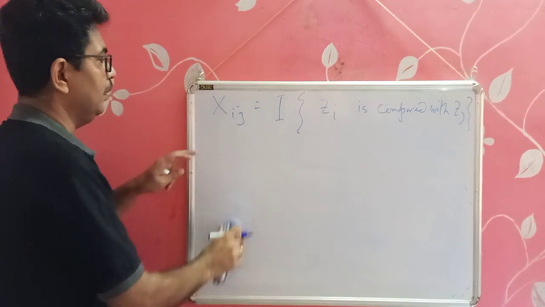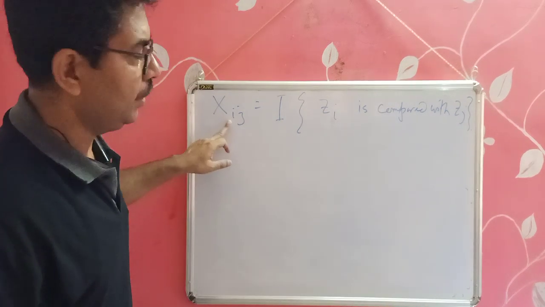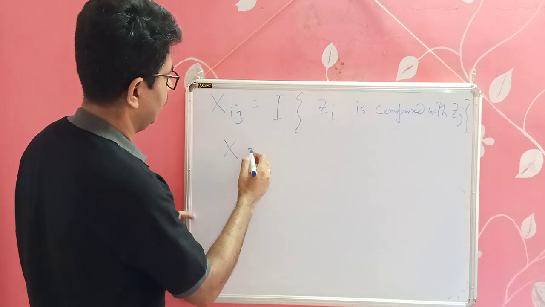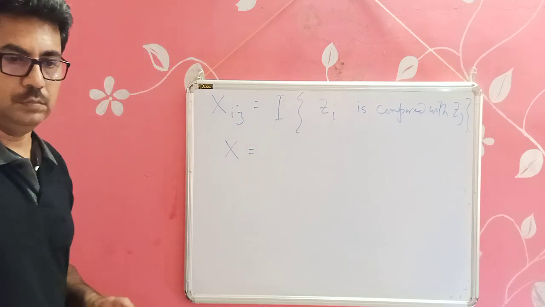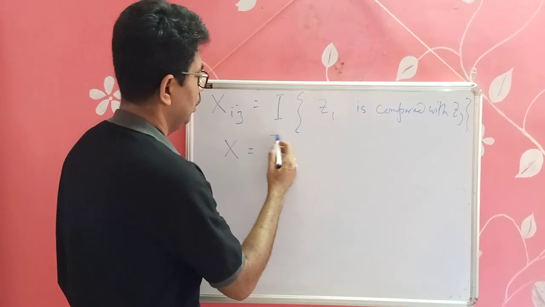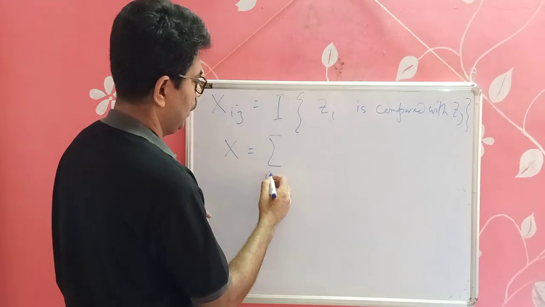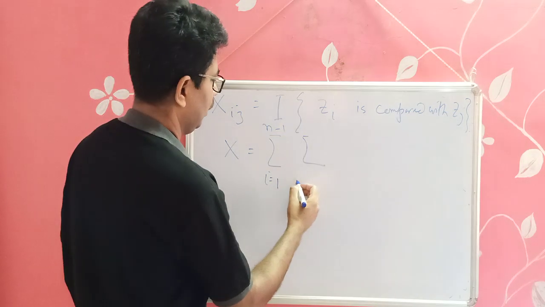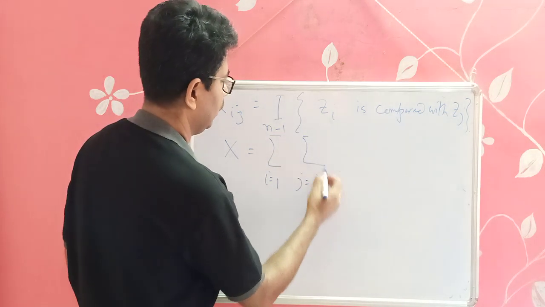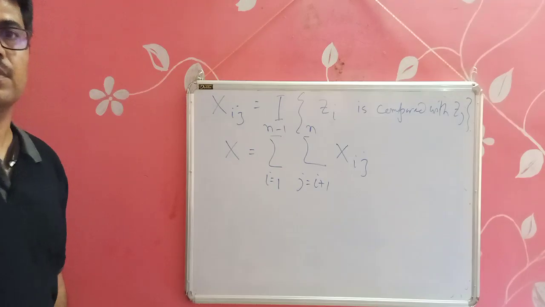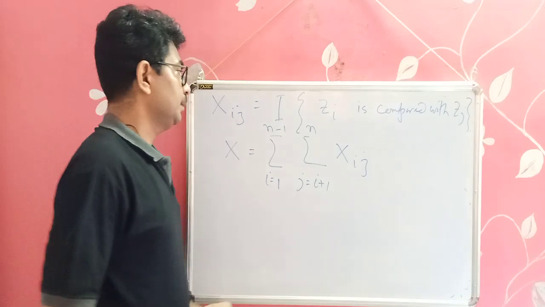Now if we can find this value, this Xij, then we can say that the total number of comparisons required in quicksort is equal to the sum of i equals 1 to n minus 1, sum of j equals i plus 1 to n, Xij. Right? Just think.